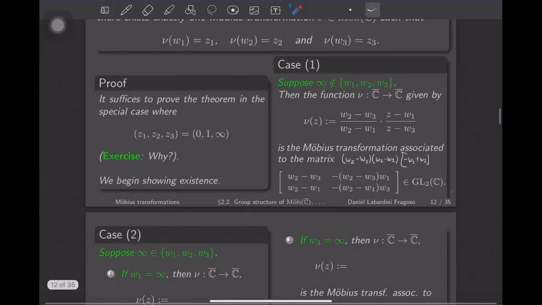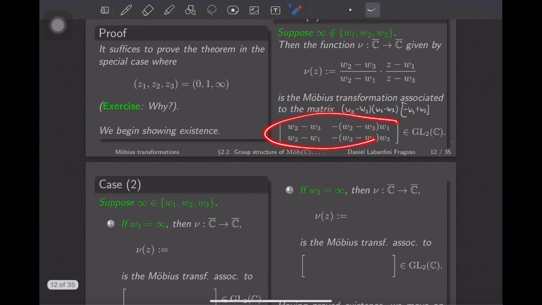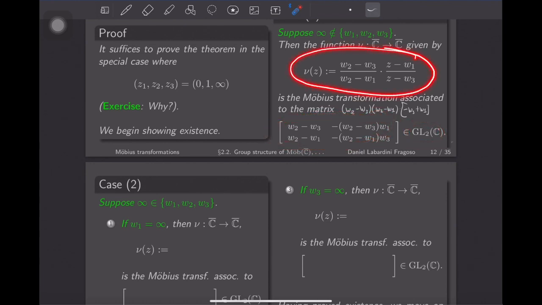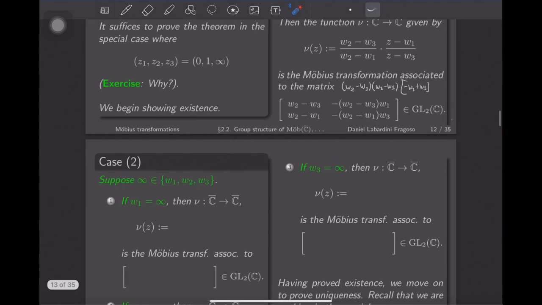Okay, so this is indeed in GL2C, and so this formula that I cooked up does what I want, and is a Möbius transformation of a matrix.